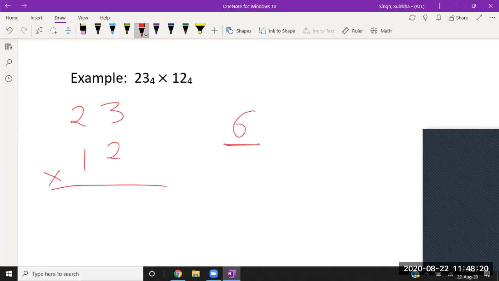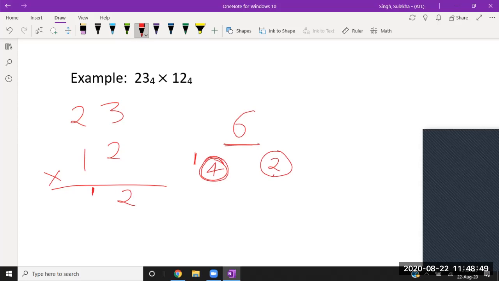In this 6, I can make a pair of 4 a single time. If I make one pair of 4, I am left with a remaining number, that is 2. So this 2 I write here, and this 4 I can pair a single time, meaning 1 is my carry.